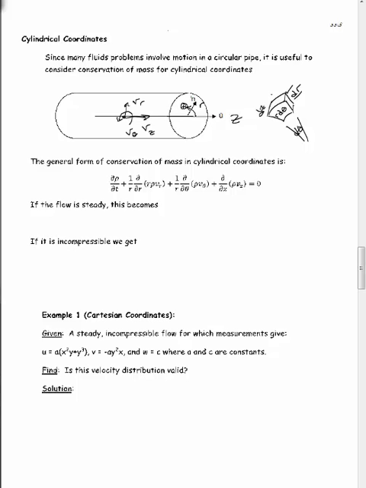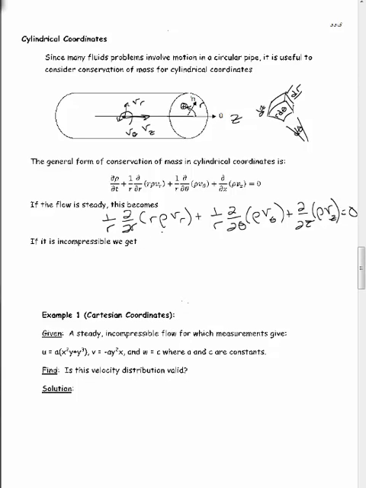If you do conservation of mass on that whole thing, what you get is this as a general form. If it's steady, again, we can drop that d rho/dt, and it just becomes 1 over r d/dr of (r rho vr) plus 1 over r d/d theta of (rho v theta) plus d/dz of (rho vz) equals 0.